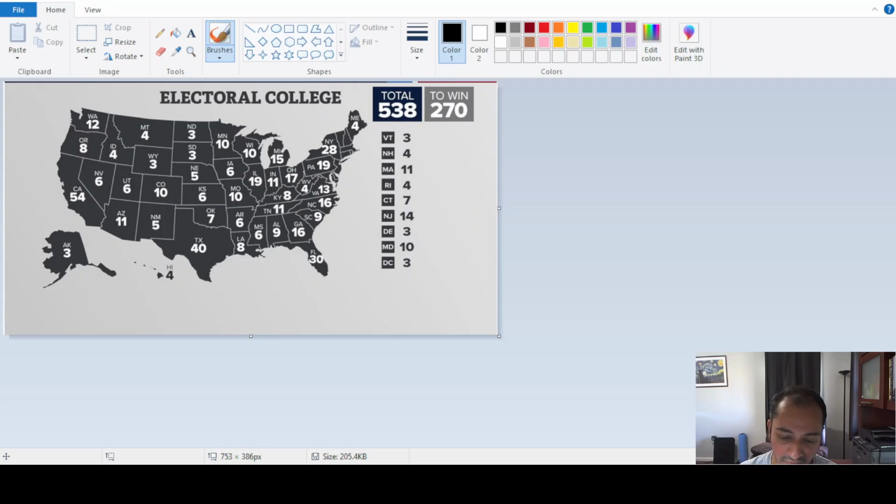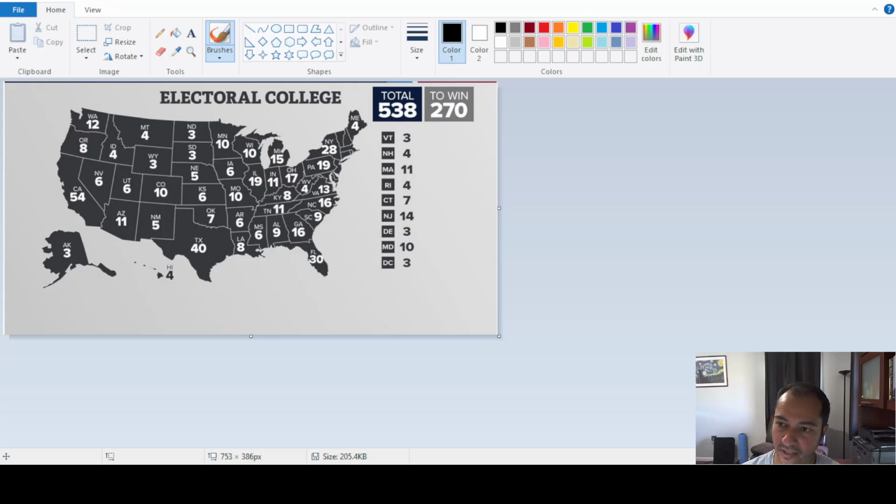So what you have to understand is when you cast your vote for the presidential candidate, basically you are trying to push that party's electors to get the majority in your state. And whichever party's candidate gets the majority in the state, they take all the assigned electoral votes for that state and put them in the bucket of their party's presidential nominee.